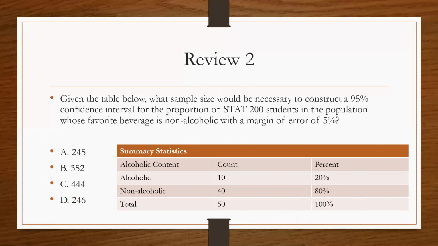If you'd asked for alcoholic, we would have used 0.2 instead of 0.8. And then you just have to remember from confidence intervals that a 95% confidence interval is approximately a 1.96 multiplier, or 2, and that the margin of error is where you plug the other stuff in. Cool.